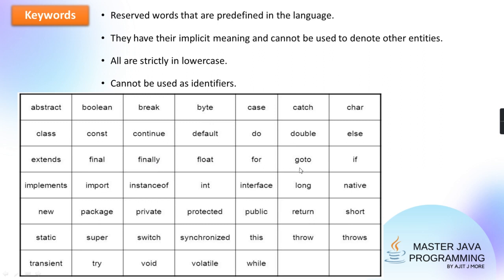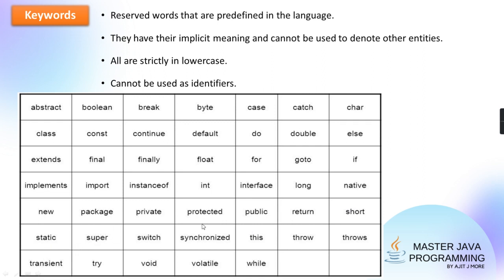Then float, for, goto, if, you know. Implements is a new thing, import, instanceof, these are all new things. Int is already known, interface is a new thing, long is already known, native is a new thing, new is already there in C++, package is new, private, protected, public are already there in C++, return, short, static, already there.